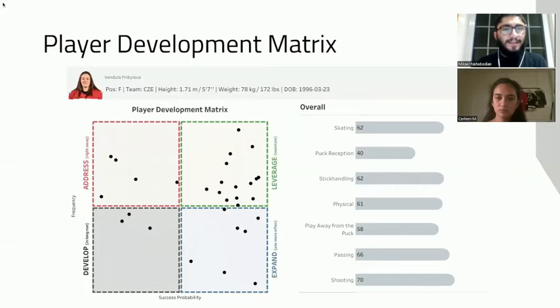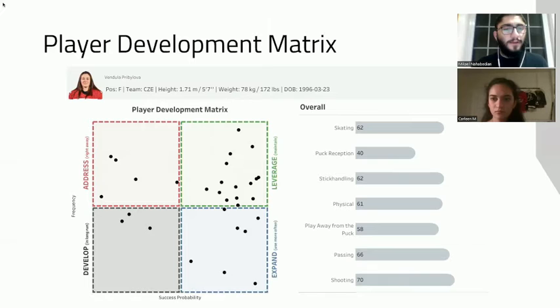Looking at a case study with a player that plays in the SDHL, let's see how this matrix can be applied for a player development coach. Looking at Vendula Pribilova's player development matrix, the first thing that we notice in terms of skill sets is that it's very probable that her puck reception skills are her main weakness.